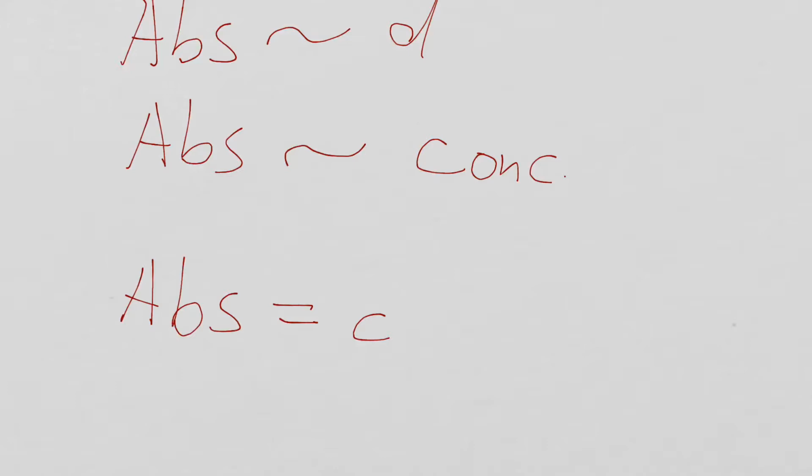But usually we don't manipulate the speed of light. When we do that in terms of biosciences, we know that this actually means concentration. Concentration times the path length times a factor that makes this sort of into an equation.